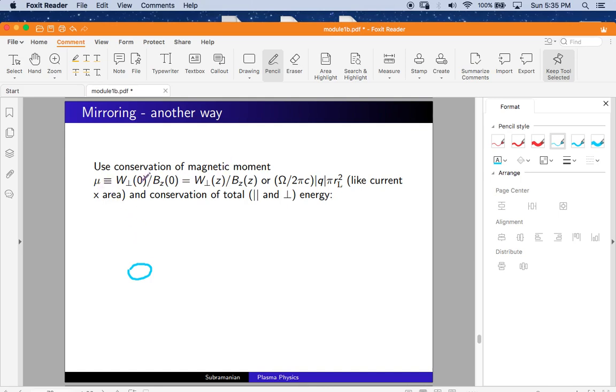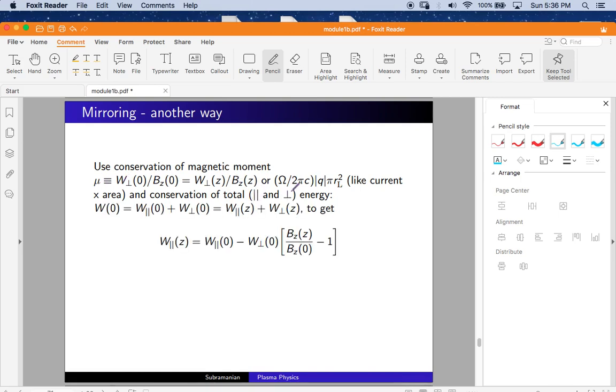And so if you take some reference z and take that to be 0, the magnetic moment at z equals 0 is the same as the magnetic moment at some other z. Either that, or you take current times area. You use conservation of the magnetic moment and the conservation of total energy, both parallel and perpendicular energy. The total energy at some reference z, which we take to be z equals 0 here, is this, and that's equal to the total energy at some other z, like that.